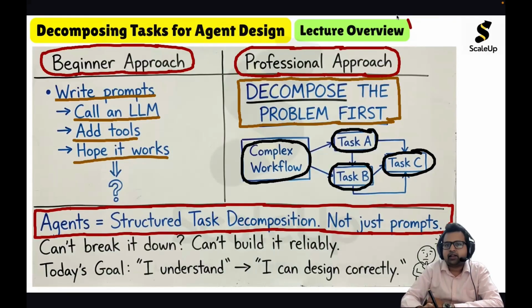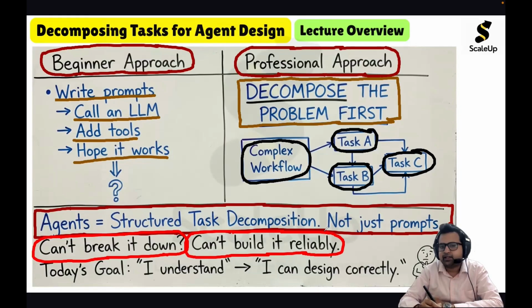If you are not breaking the complex workflow into tasks, then you cannot build agents reliably. If we want to build reliable agents, we have to decompose the problem into tasks. That is what this lecture is about, wherein we will learn how to decompose tasks for agent design.